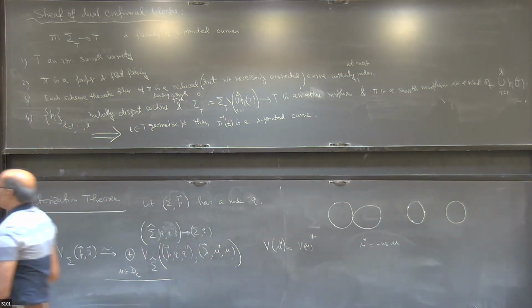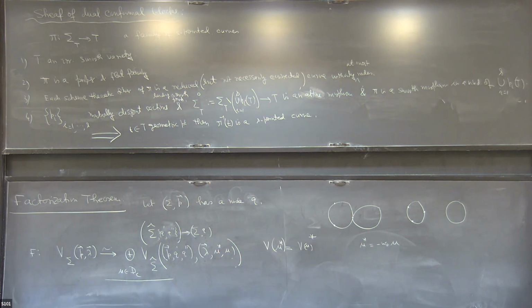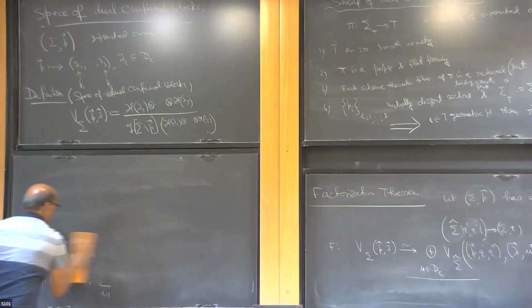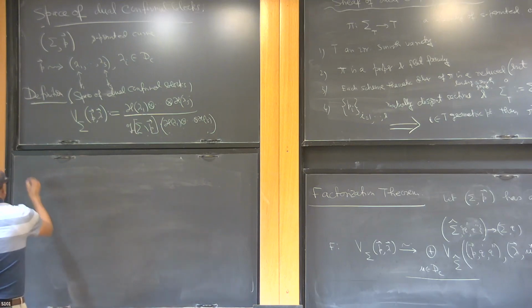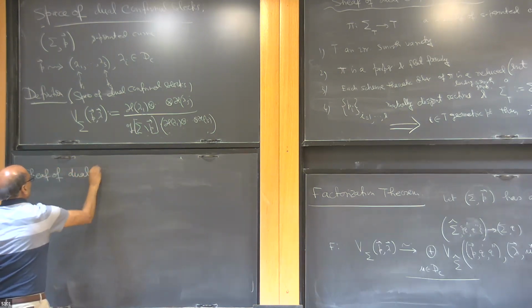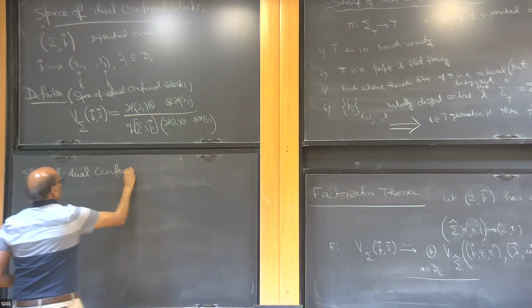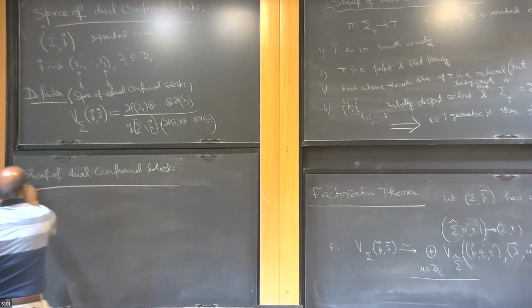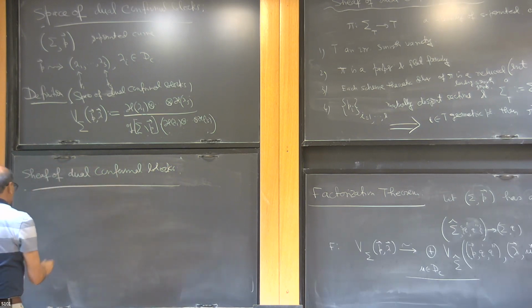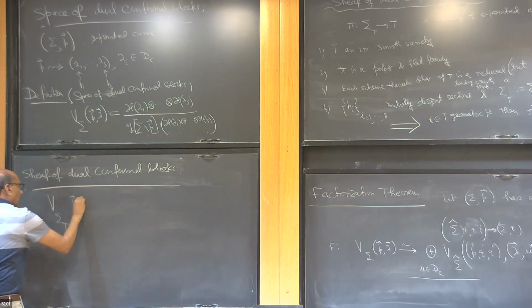And maybe I will do it here. Okay. So the sheaf of dual conformal blocks. So this is by definition, so now the notation is sigma_T, p_i, lambda.